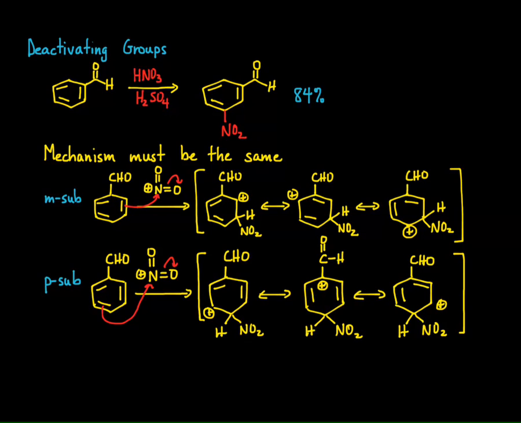When I have the carbonyl, I see that with carbonyls, they're polar. The carbon has a partial positive charge, the oxygen has a partial negative charge because oxygen is more electronegative than carbon, and it withdraws electron density away from that carbon.